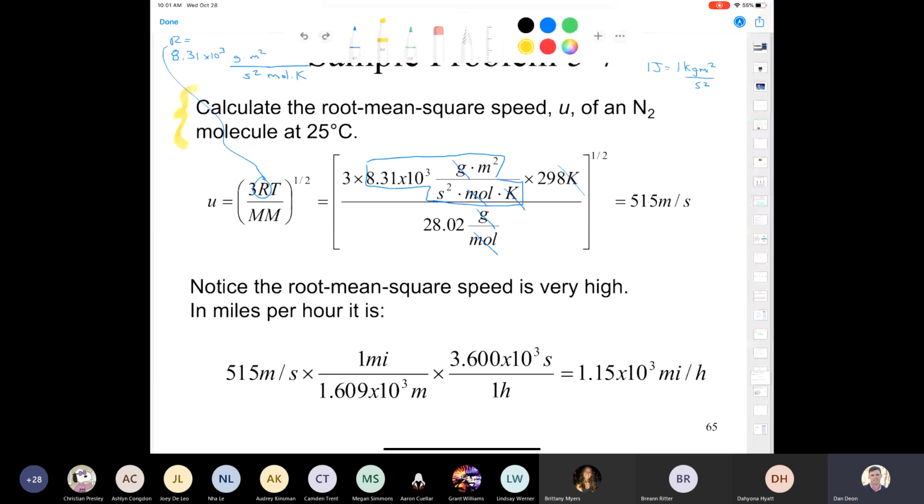Now, if we calculate that in terms of miles per hour, we get 1,150 mph. That's fast. You think about getting hit with something that you could see with the naked eye. If you were to get hit by something moving that fast, that's faster than a bullet. That would hurt you a lot.